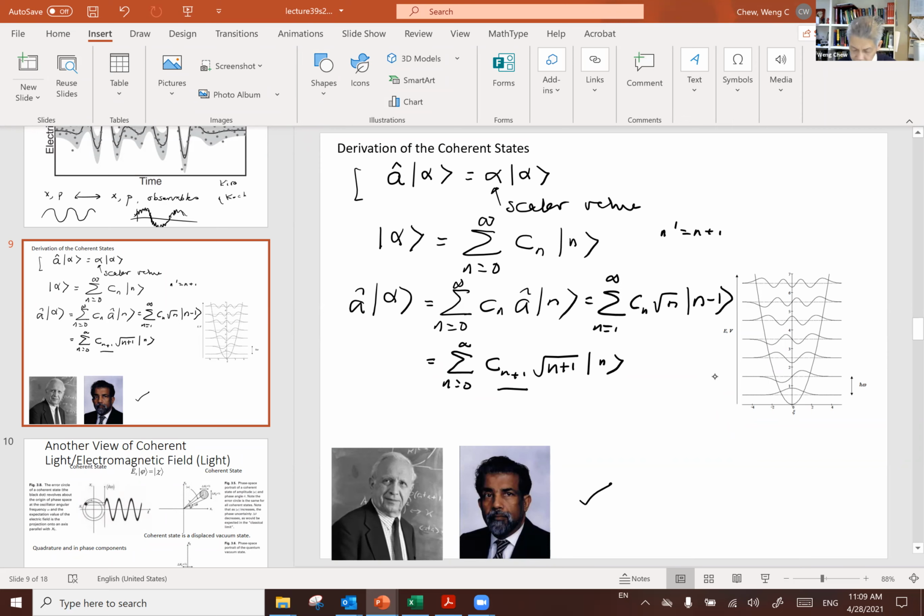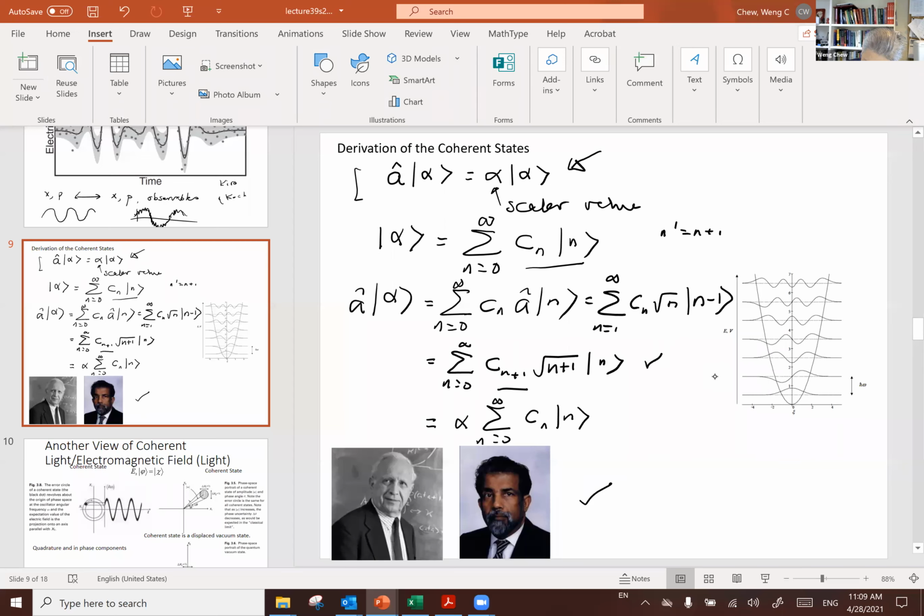In order to find those coefficients, I just use the completeness of the Fourier series. Let me look at what the right-hand side should be. Now if I substitute in the right-hand side, I should have this being equal to alpha, sum from n equal to 0 to infinity, Cn n, okay?